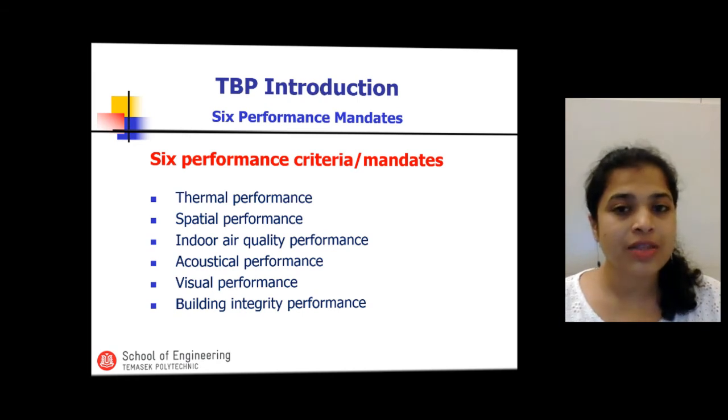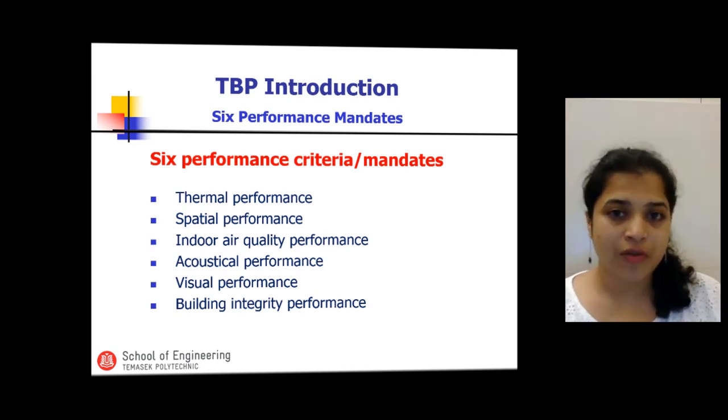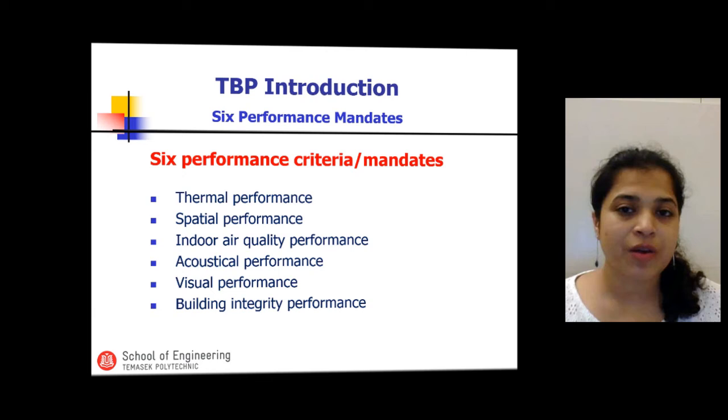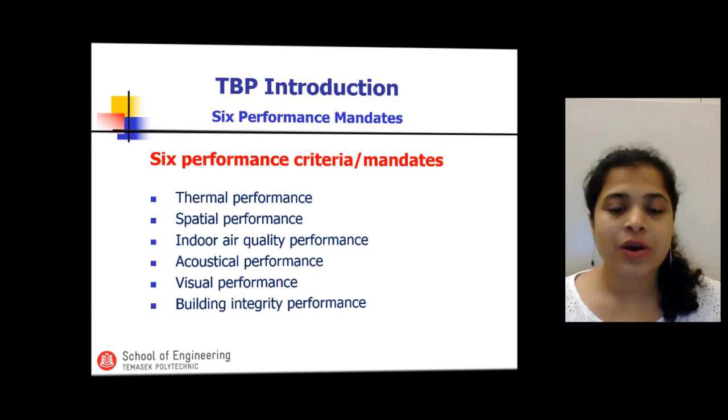So we will study the different factors which affect indoor air quality performance. Acoustical performance. This criteria is important especially in learning spaces, or say in hospitals, where we need the spaces to be very quiet, right? So acoustical performance of that particular space becomes important.